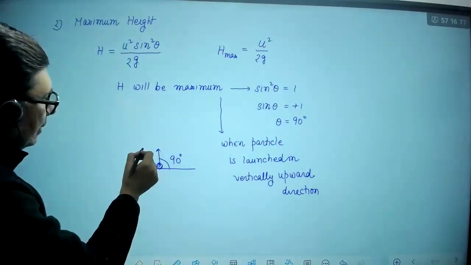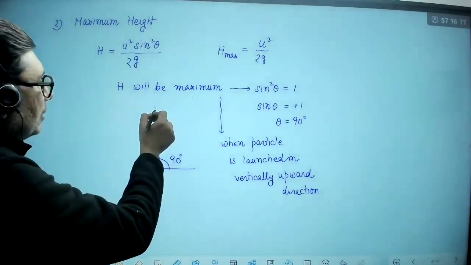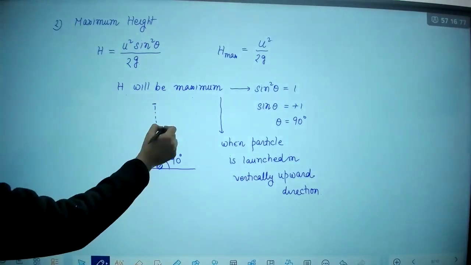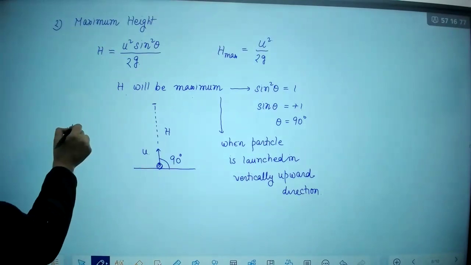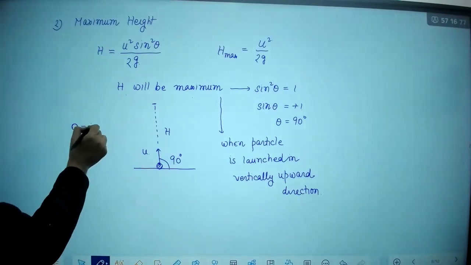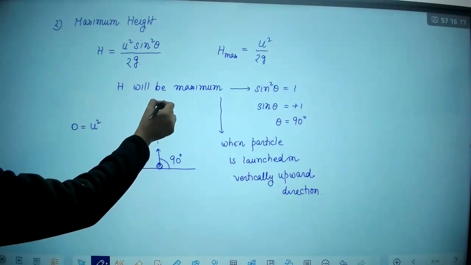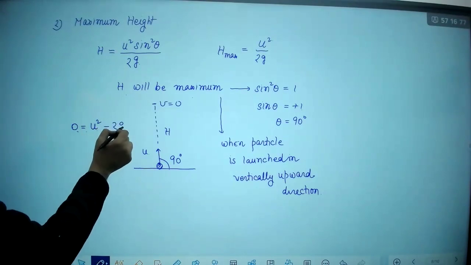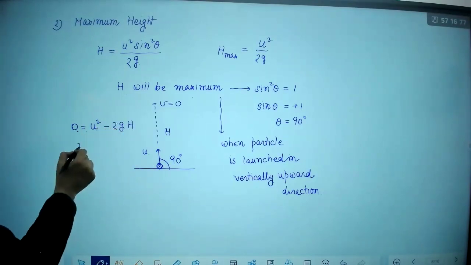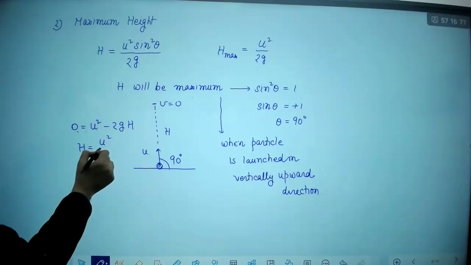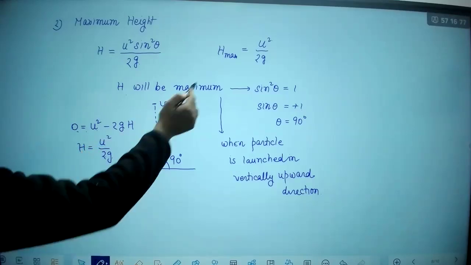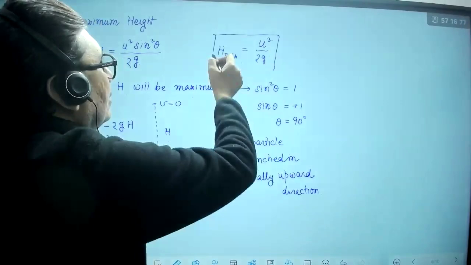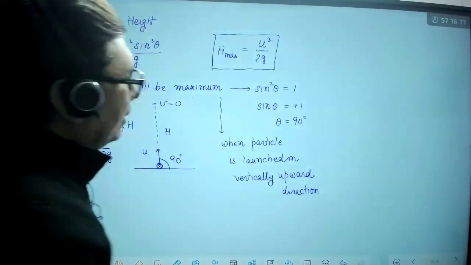If you are launching the particle vertically, using V square equals 0 at the highest point, V square is 0 equal to U square minus 2G H. And you know that H equals U square upon 2G. So you get the same number here. So H max is only when you are launching the particle in the vertically upward direction.